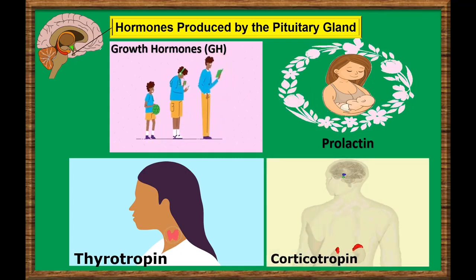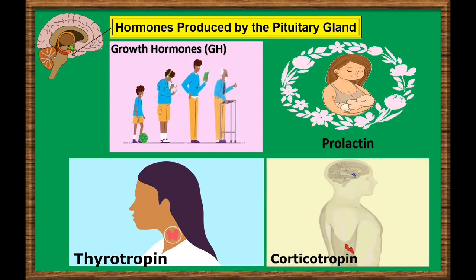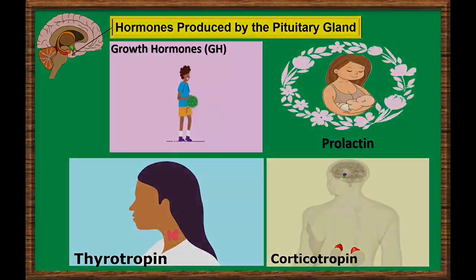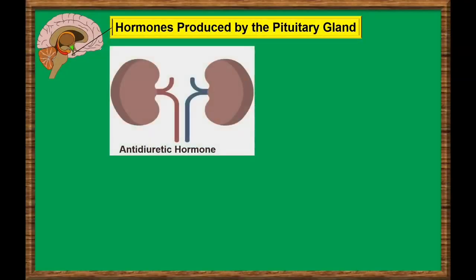Corticotropin, which stimulates the adrenal gland to make certain hormones. Stored by the hypothalamus in the pituitary gland, antidiuretic hormone or vasopressin. This hormone helps control body water balance through its effect on the kidneys.